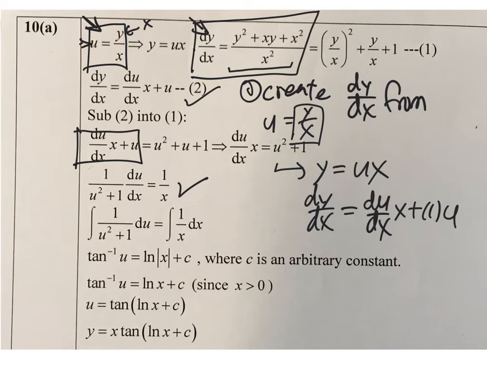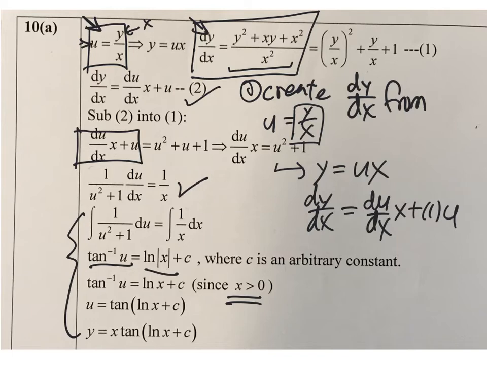One thing that you need to take note of for the second part is that integrating 1 over u squared plus 1 is well done. This is also well done, ln mod x. But I need to see that x is actually defined to be always positive, so the modulus is not necessary.